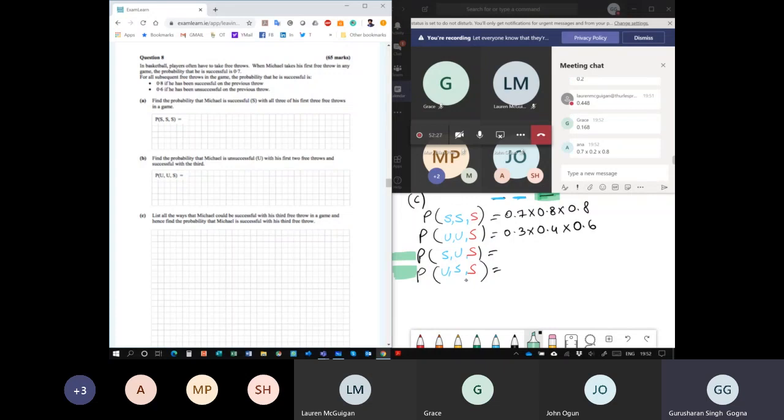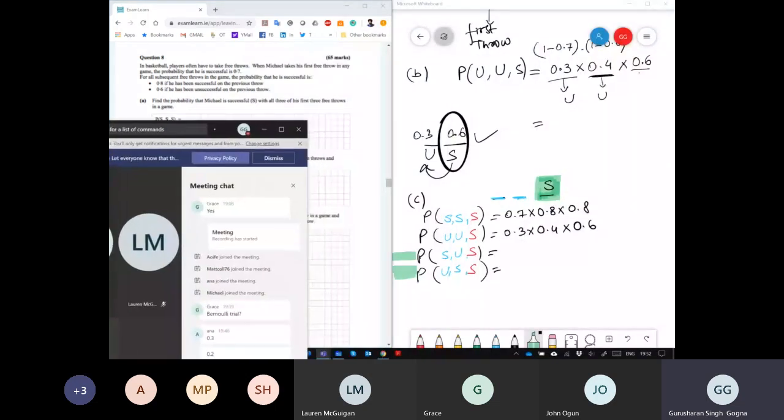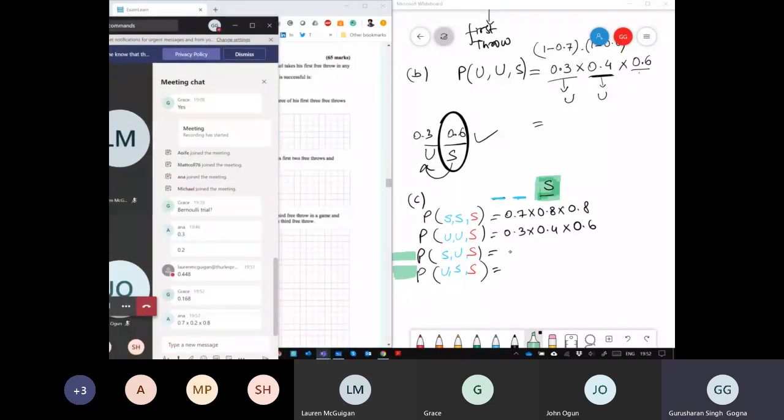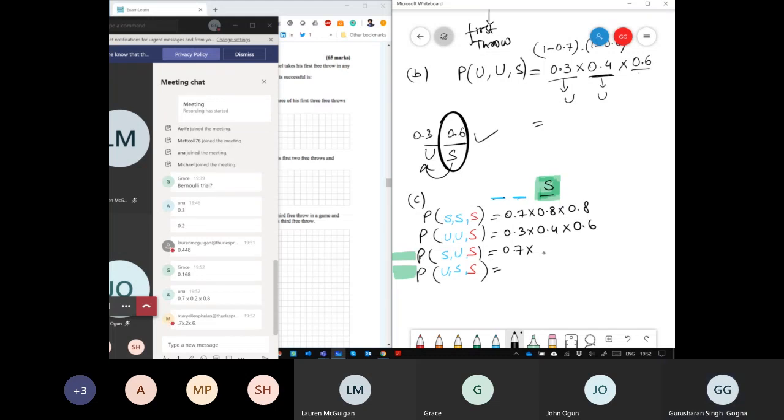Anna said 0.7. Okay, let me see. Okay, let's see. Success. First throw is successful, which means 0.7. Agree? Second one is unsuccessful. And Anna said 0.2.